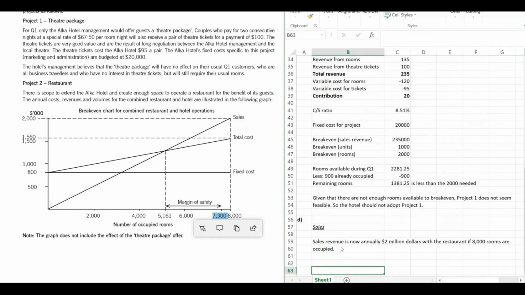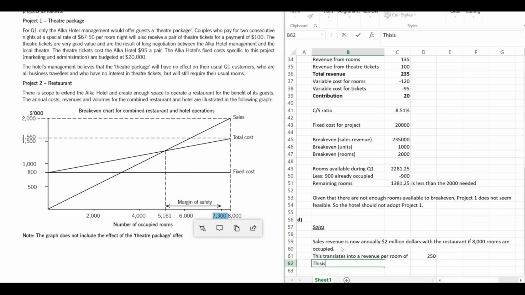Okay. So this translates into revenue per room of, so 2 million, 123 divided by 8,000, $250.